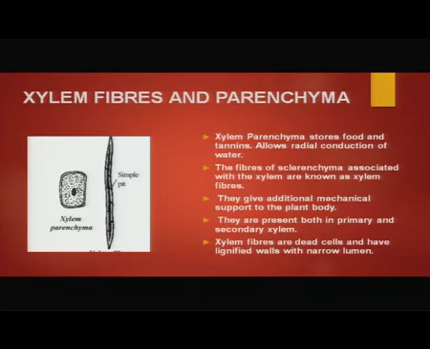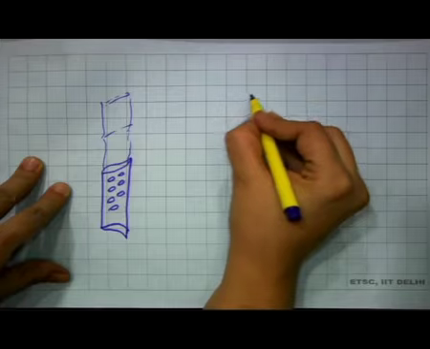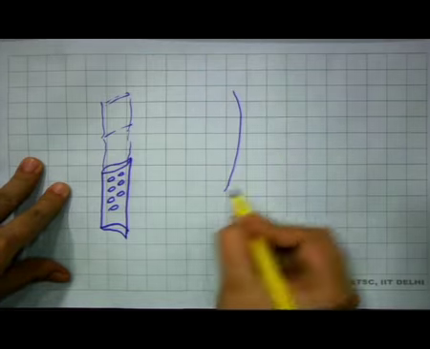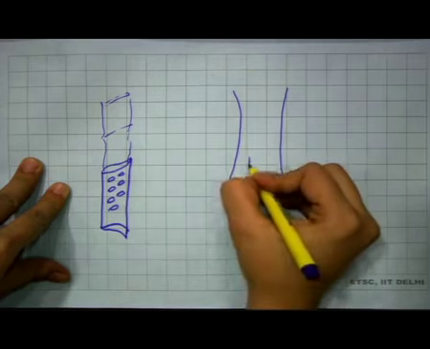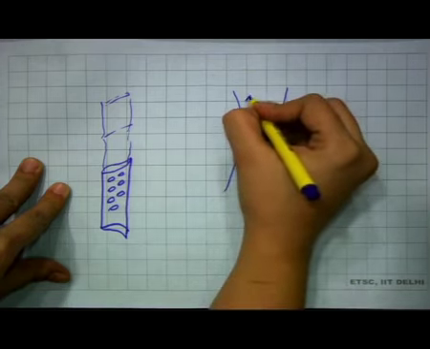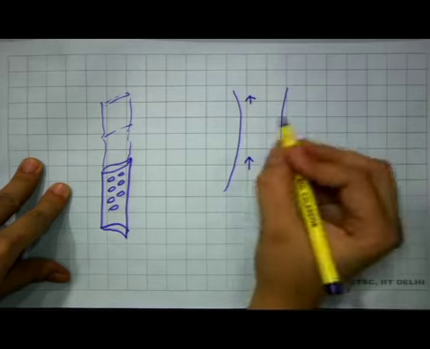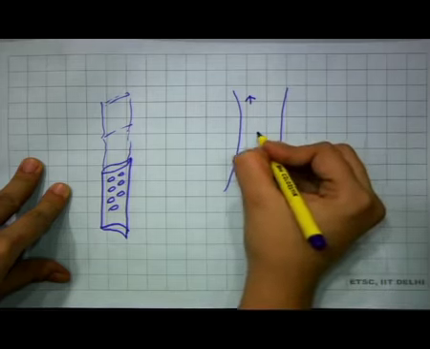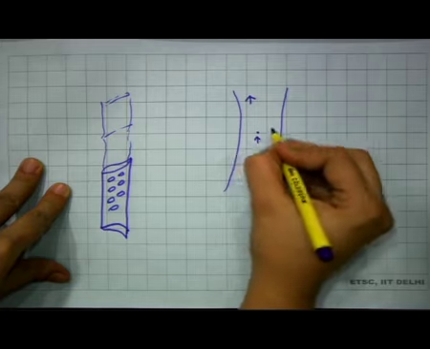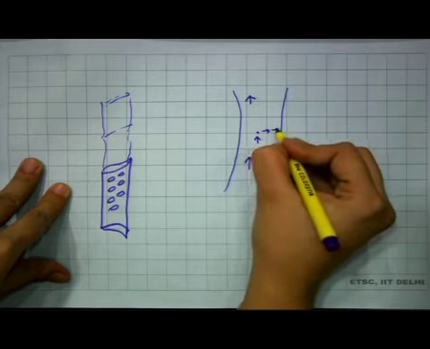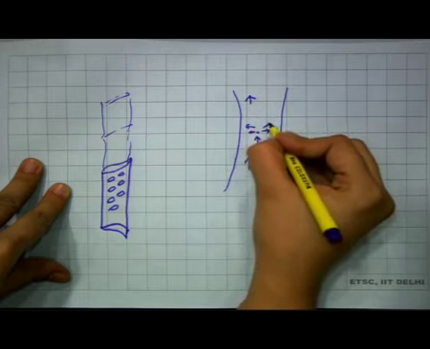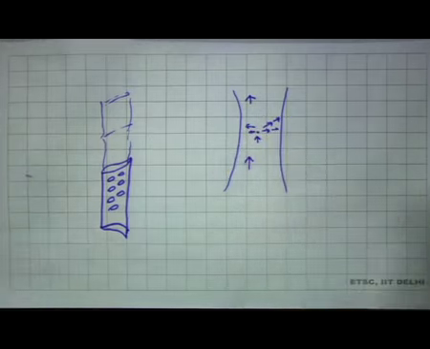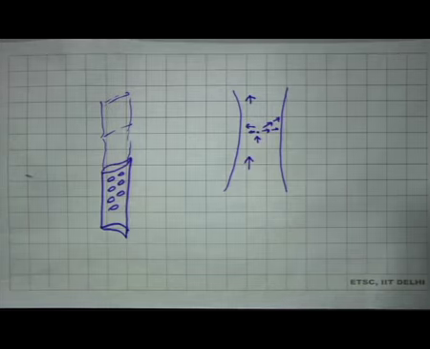Radial conduction means, suppose this is a plant, the water needs to go up, this we all know, from roots to other parts of the plant, but since the xylem is here somewhere in the middle, the water also needs to be taken in other directions towards the periphery, and this is the radial conduction of water, and this is done by xylem parenchyma.